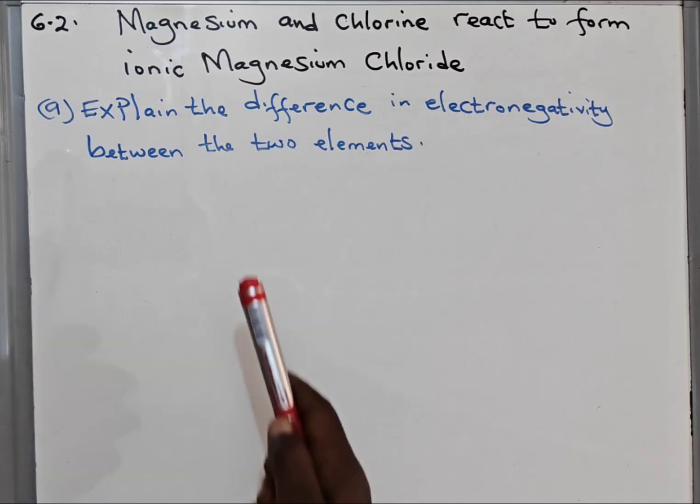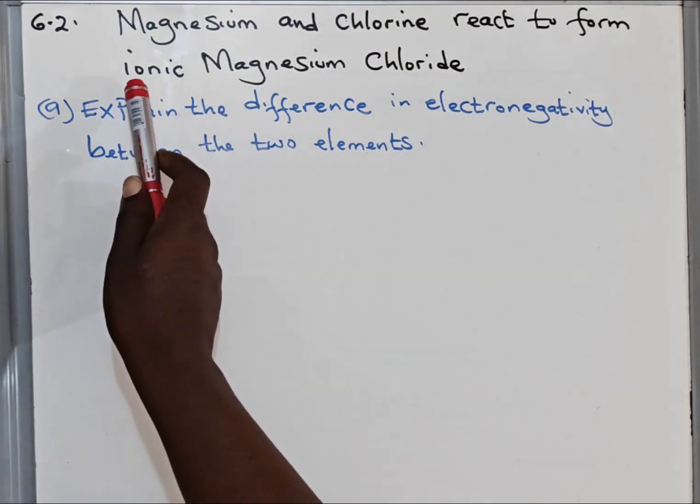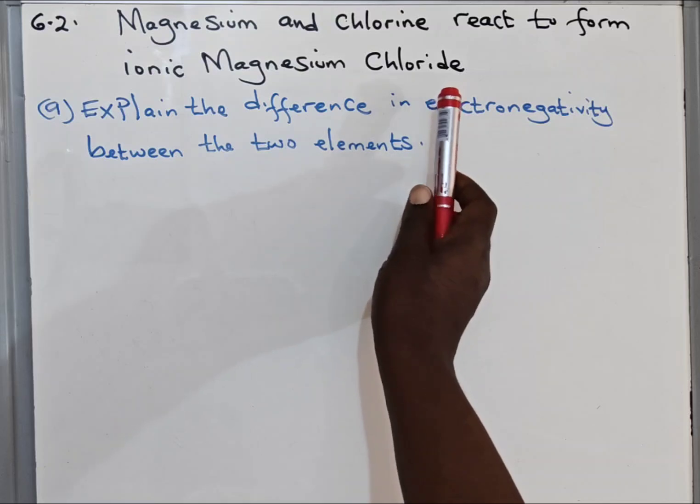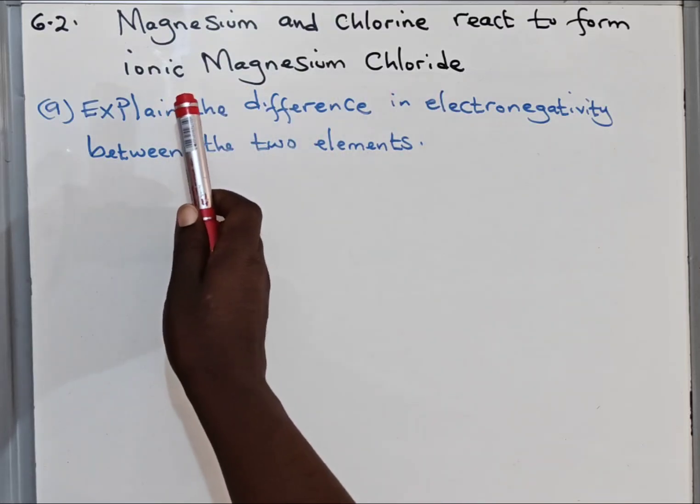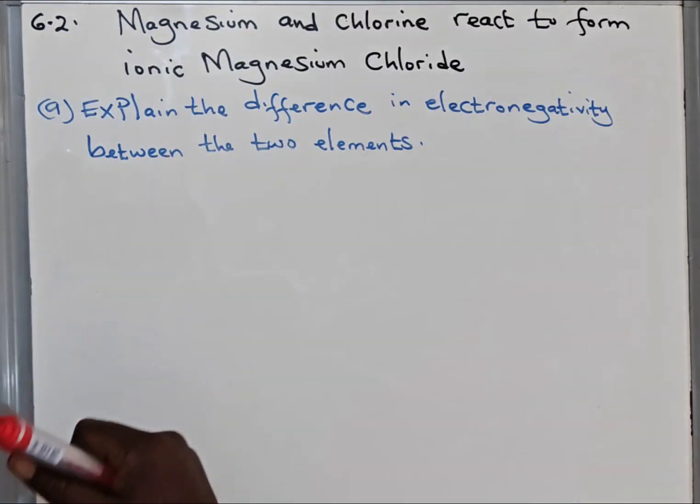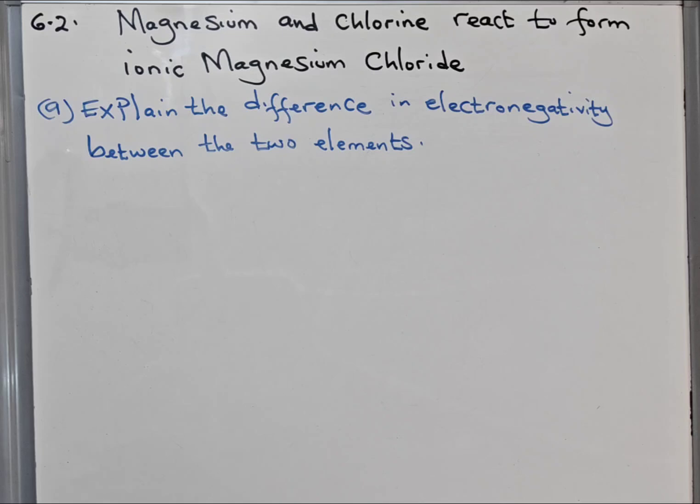You need to know that here they have mentioned that the compound formed, which is magnesium chloride, is ionic in nature. An ionic compound is formed between very electropositive atoms and very electronegative atoms. That is implying that the difference in electronegativity must be big.